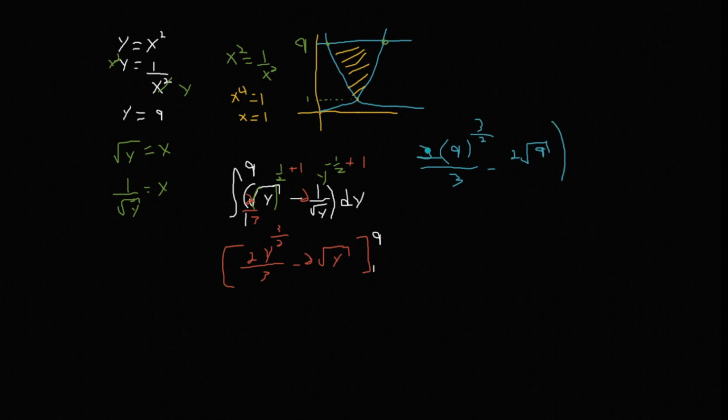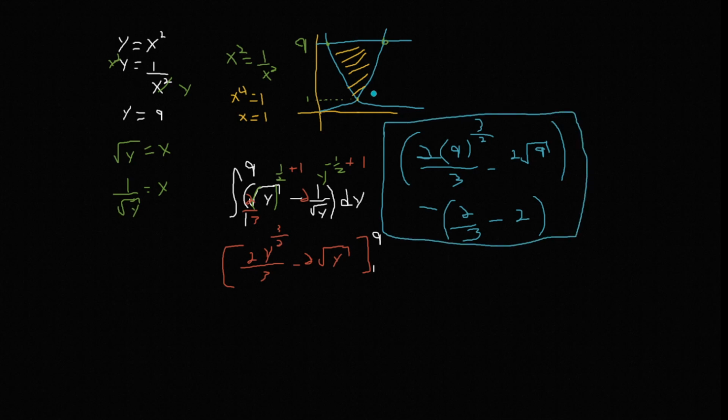And then I'm just going to take this and say subtract 2/3 minus 2. And this is our answer. So you can do this in both the x and the y directions.